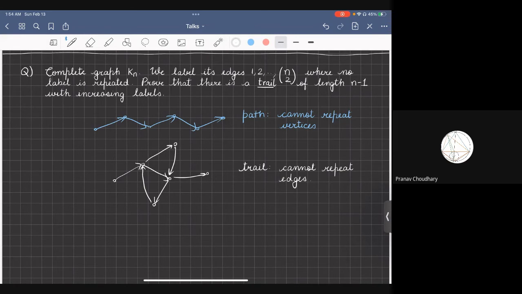When I say increasing labels, I mean I'm traveling along the edges so that the labels are increasing. And the length is the number of edges, not the number of vertices.